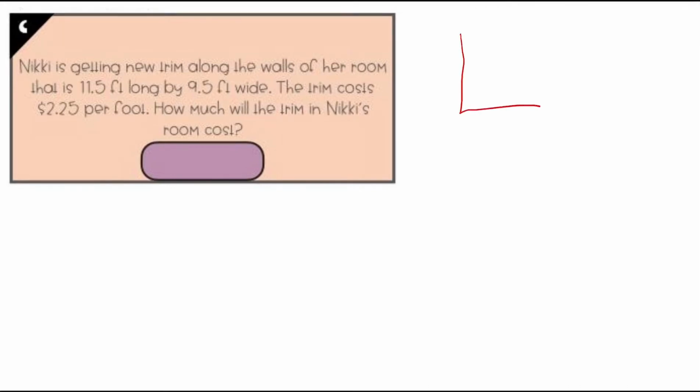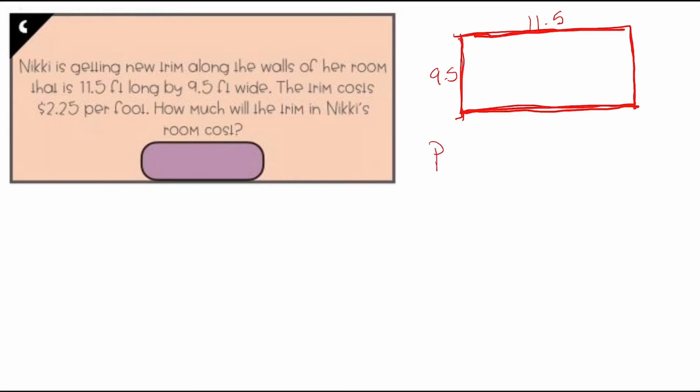So again, I've got my room, and trim is what covers the outside edges of your walls. So I'm looking at how far around this rectangle it is. So I'm going to be solving for perimeter this time. The formula for perimeter is 2 times the length plus 2 times the width.